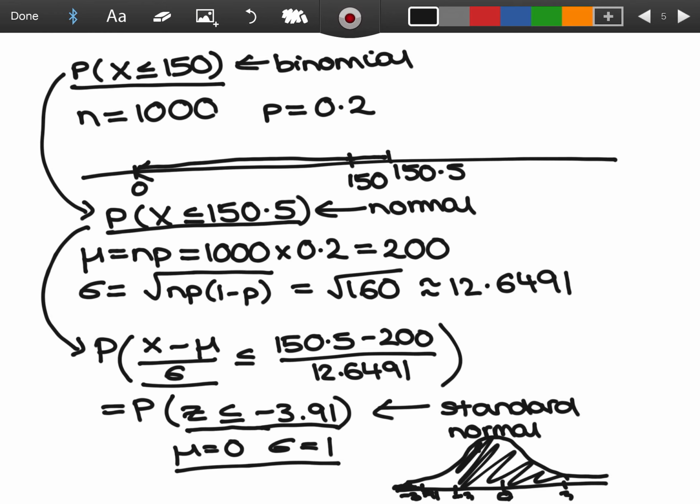So it's looking way down one end and asking how much of the data we have below 3.91 standard deviations below the mean. Pretty much nothing. So the fact that this comes out to roughly 0 makes sense. Go back to when we did our normal distribution and look at those diagrams again.